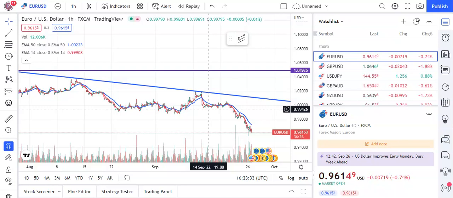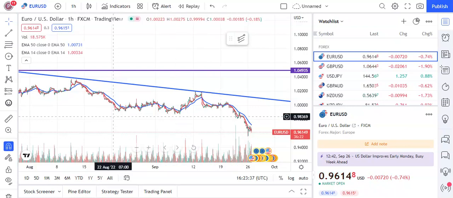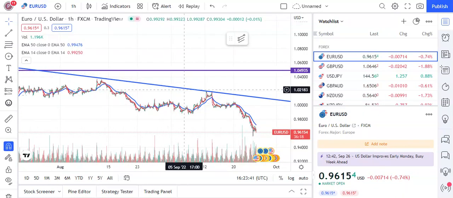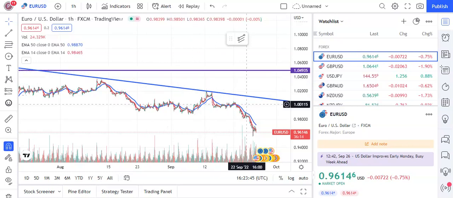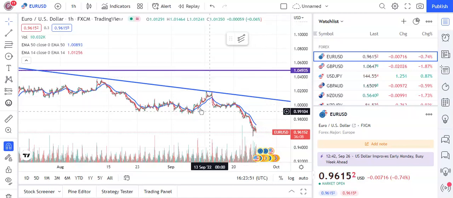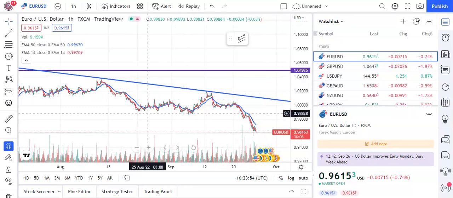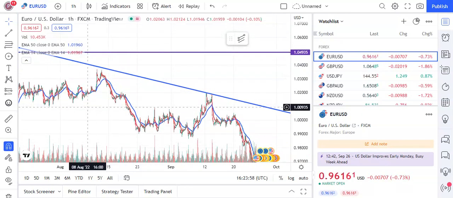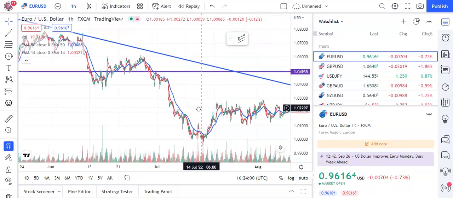If I identify an uptrend, I like taking only buy positions. As you can see, here is the trend line, and here is the area of resistance. The price turned back and broke this trend line, then got back to resistance. On that point, I wait to sell. This is how it works. If you trade this way, there's no way you won't be in profit regularly.